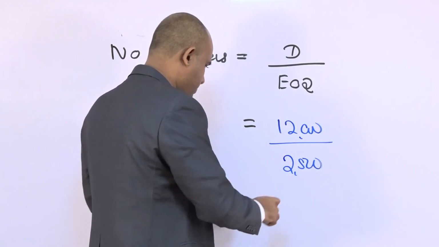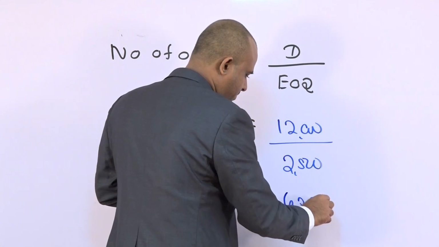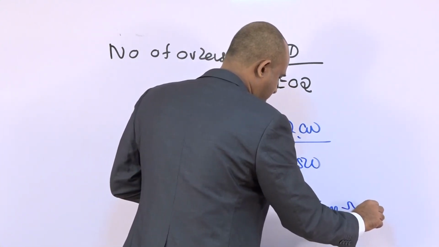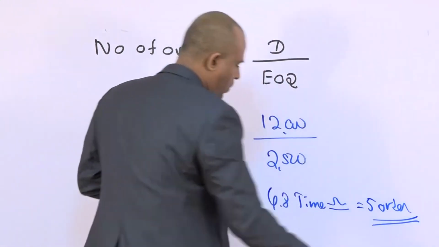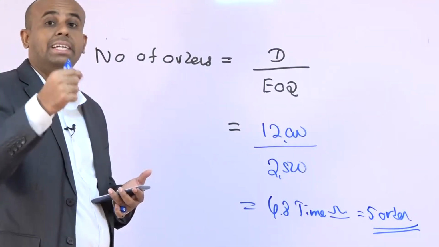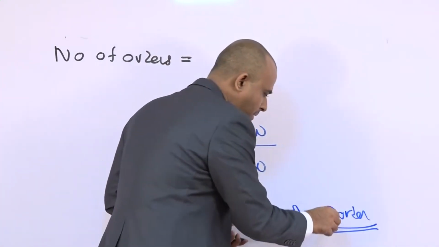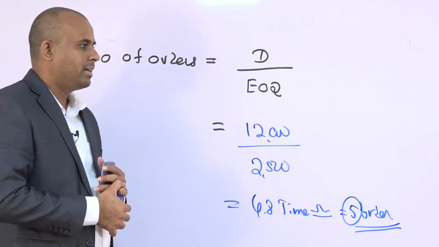You get 4.8 times, right? Approximately you can say how many orders? 5 orders. You can't place 4.8 times the orders, then you have to say 5 orders to be placed approximately, right?